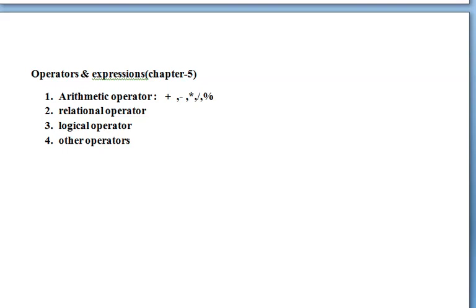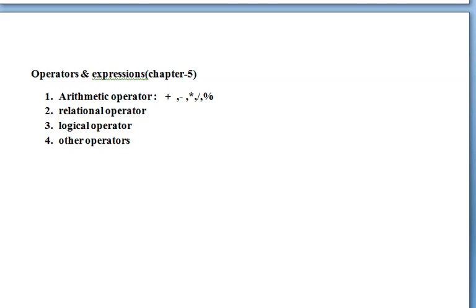Fine. Division will give you the answer as the quotient and the modulus sign will give you the answer as the remainder.